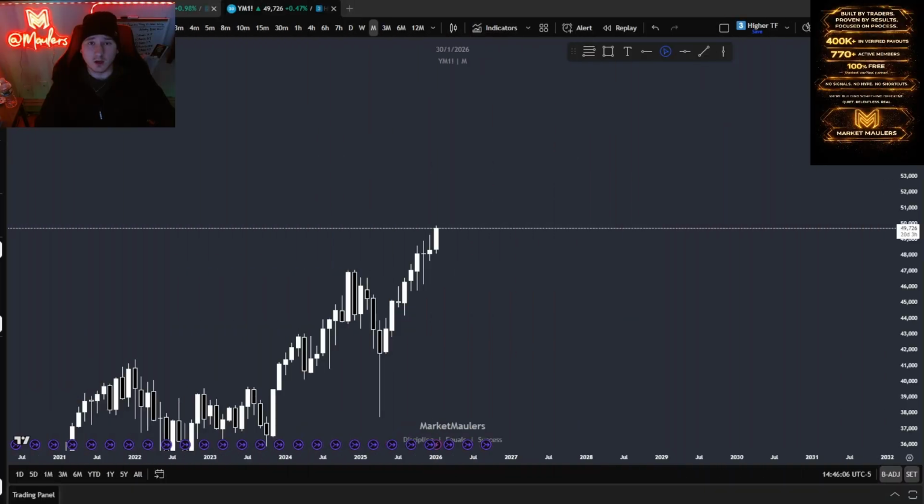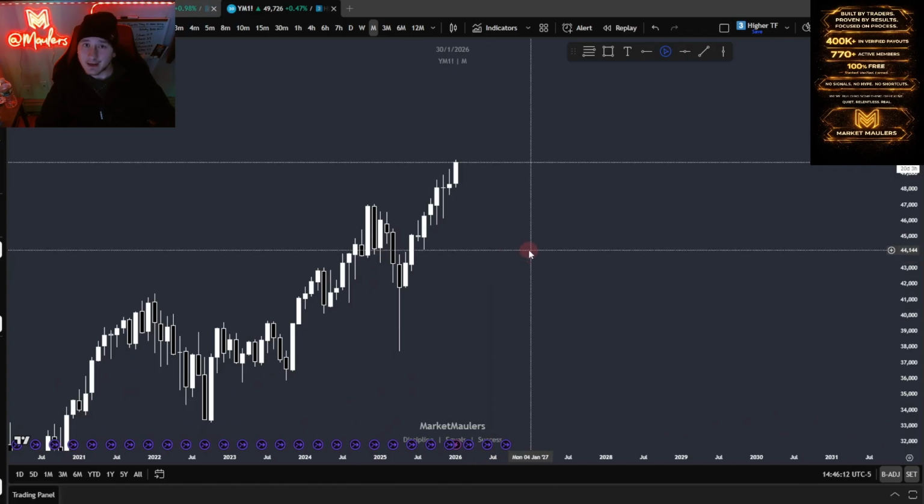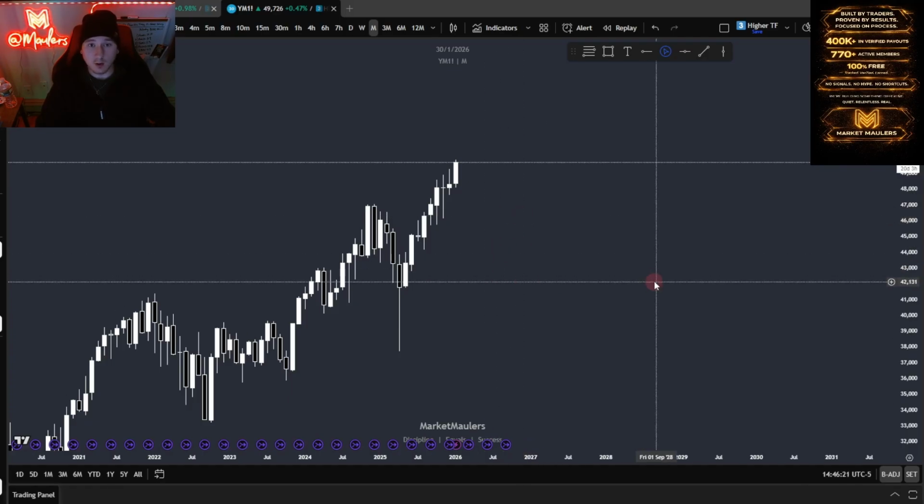So first, we're going to be starting with fair value gaps. Fair value gaps are a 3-candlestick pattern. It's usually when there's aggressive displacement in a singular direction, creating what we call an imbalance. So on YM here, we're looking at the monthly chart.